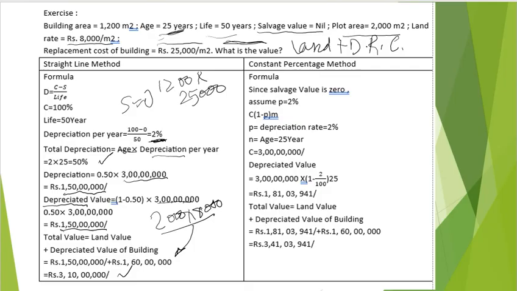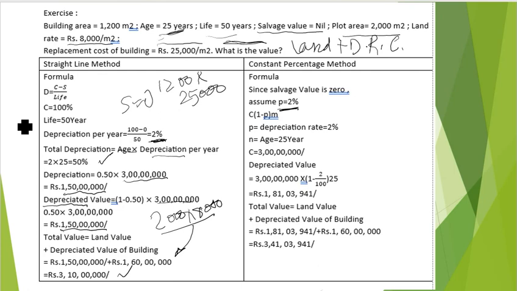But in constant percentage method, as salvage value is 0, we cannot use the formula which was used in the first example. So here we assume P is equal to 2%. So you know the formula, C is equal to E into 1 minus P raised to power M. Depreciation rate is 2%, age is 25 years, original cost is 3 crore.